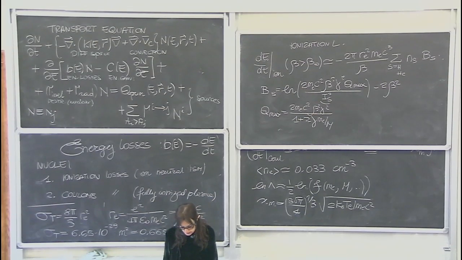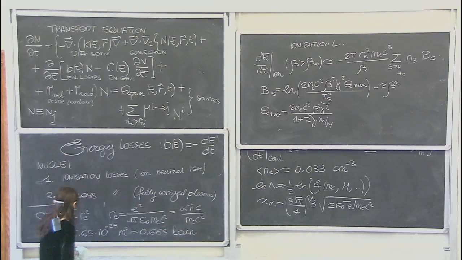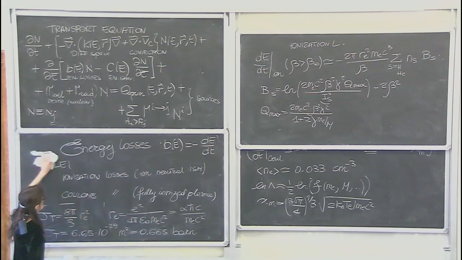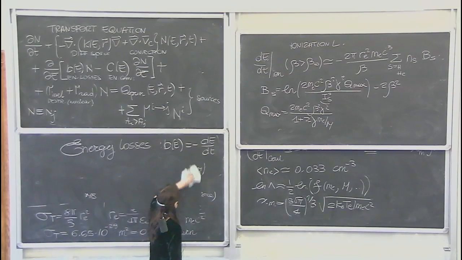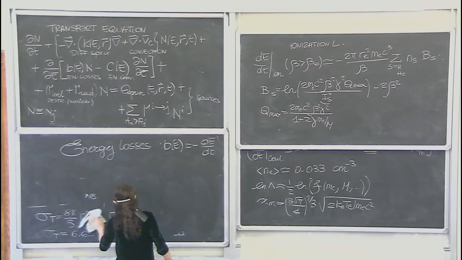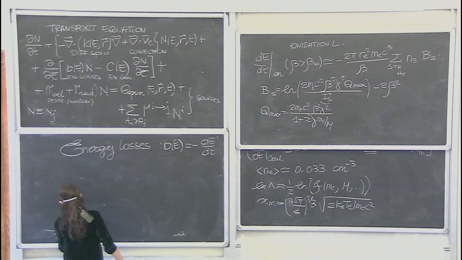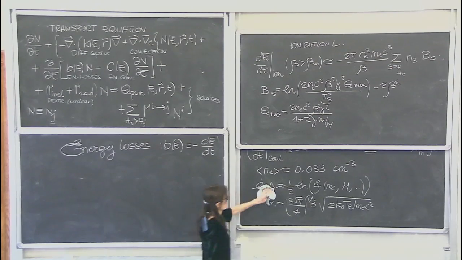These energy losses, I told you, are for nuclei, while electrons suffer different and much more dramatic energy losses. So now we concentrate a while on the energy losses for the leptonic part of the cosmic radiation.